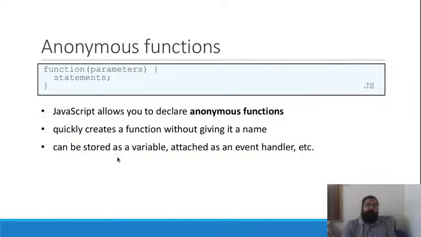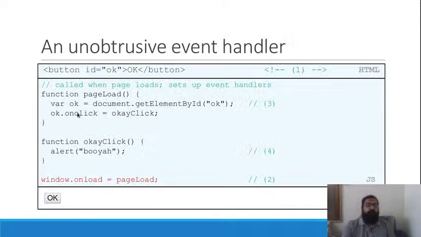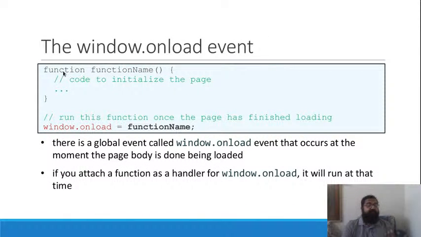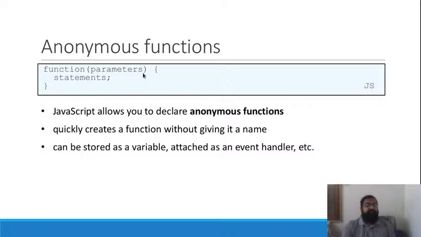You can also create something called anonymous functions in JavaScript. You don't have to give it a particular name. So how is a function defined otherwise? Function name, right? That's how it is defined. When you work with anonymous functions, you have the function keyword and then the function name is not given.